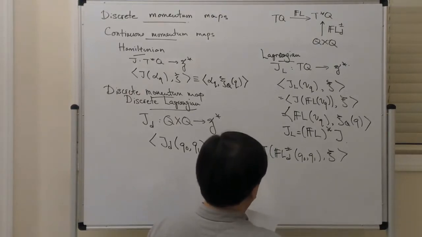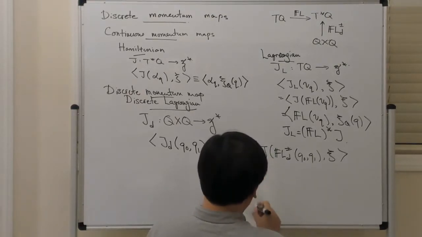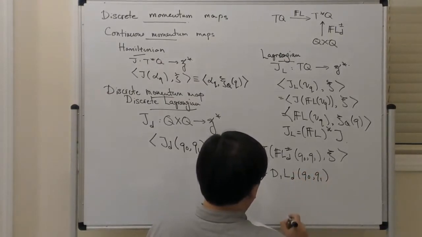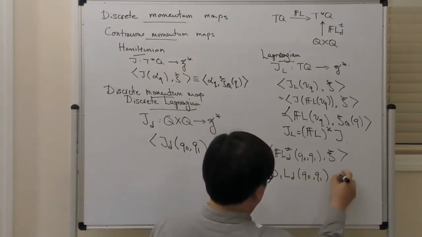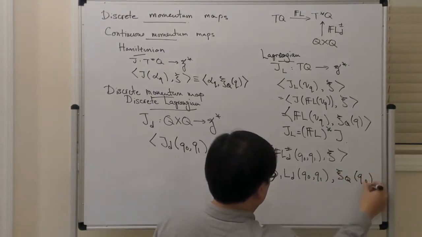Okay, and that's going to be equal to, for example, minus D1 LD Q0 Q1 paired with the infinitesimal generator evaluated at Q0.